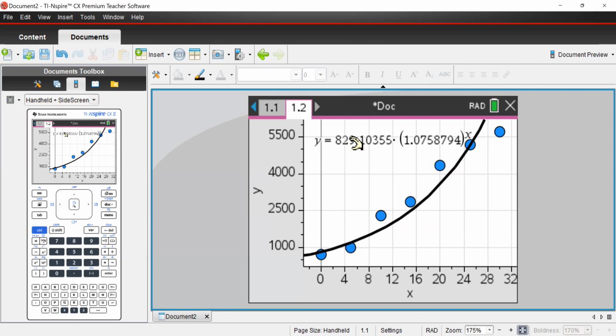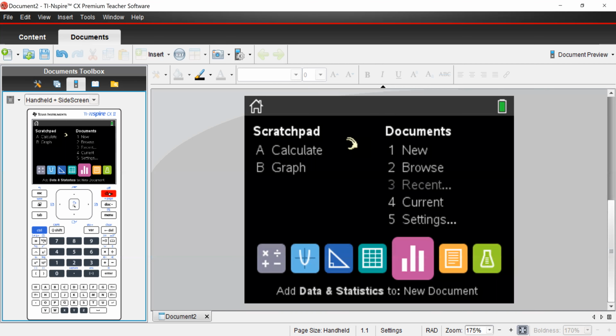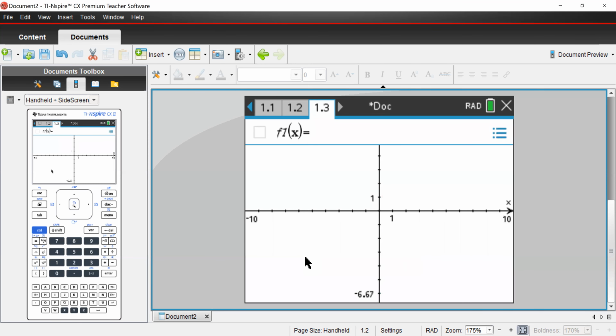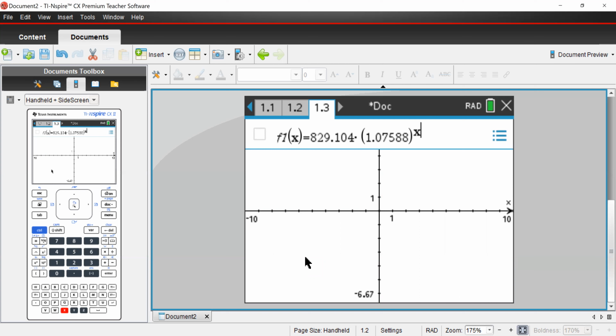And then you go home, and we will go ahead and create a graph right here. And we'll type in our equation. This is why you want to close up your document earlier, so that you don't confuse yourself with the points or with the functions. 1.07588, raised to the X power.